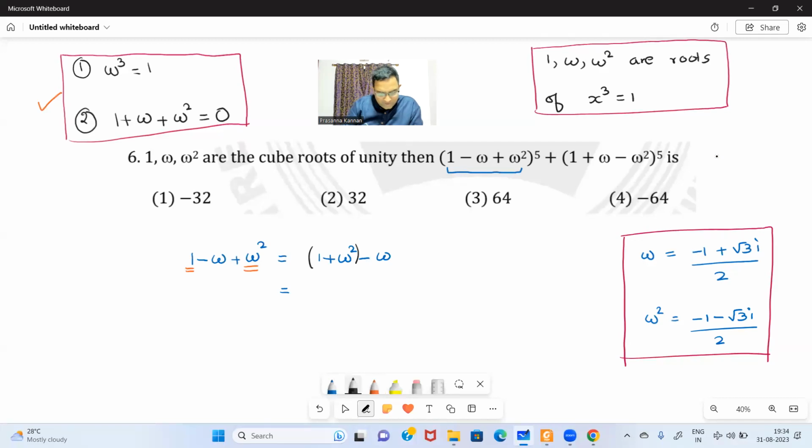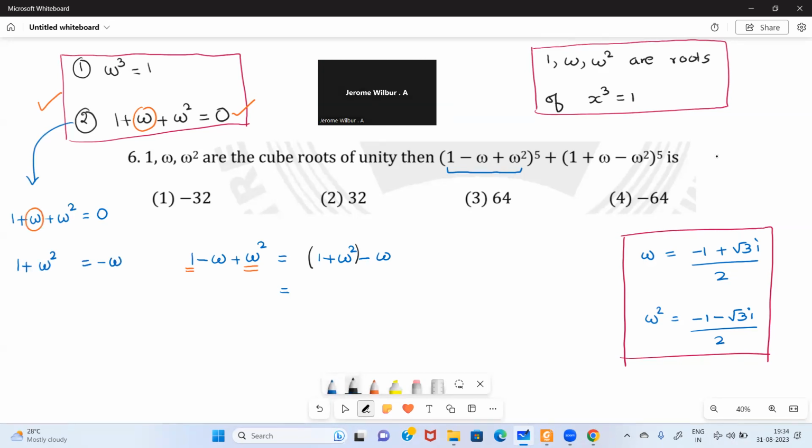Can you tell me what is 1 plus omega square from this? If I retain 1 plus omega square on one side, what goes to the other side? Omega, sir. Omega goes to the other side. So 1 plus omega plus omega square is 0. If I retain 1 and omega square on this side and shift this omega to the other side, what will I get?